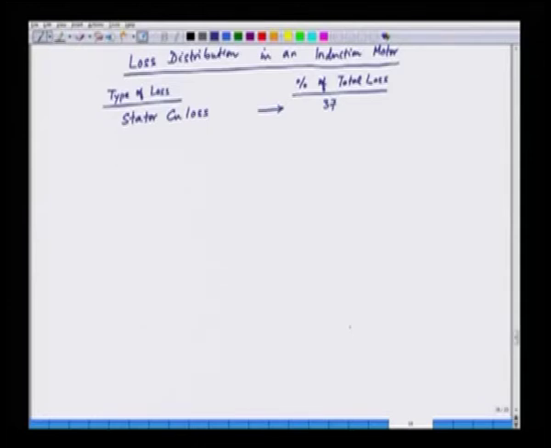And then we talk about the rotor copper loss. Rotor copper loss is about 18%, and the core loss is about 20%, and friction and windage losses are about 9%.